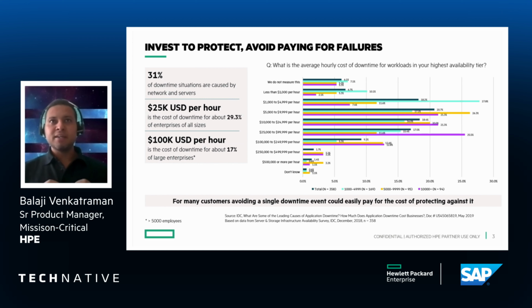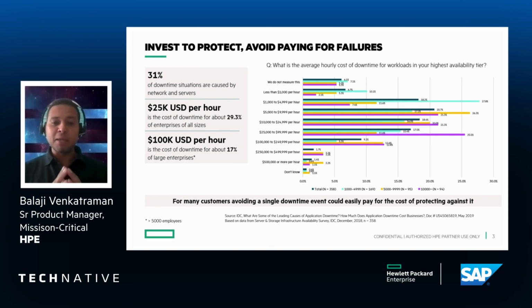As the survey found, for most customers, the cost of paying for their business continuity solutions was covered even in one single downtime event. So for many customers, avoiding a single downtime event could easily pay for the cost of protecting against it. It's invest to protect, rather than paying for your mistakes or for not having the right systems in place.